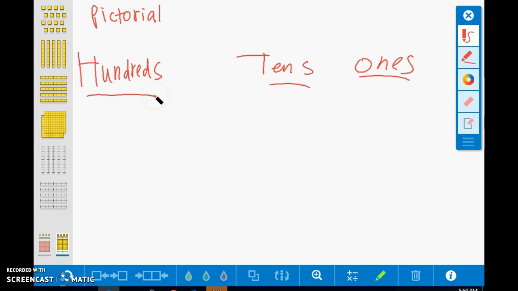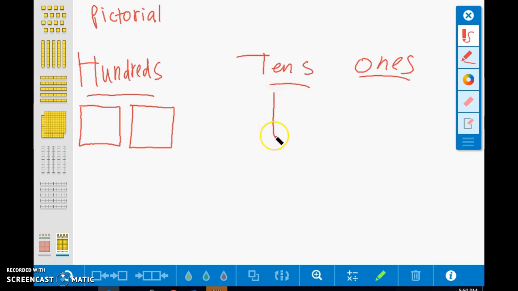Now for the hundreds, I don't expect you guys to write a whole grid with all the little 100 blocks. You can just go ahead and draw 2 big squares. We're going to write our first number, which was 217, just like we did in the concrete part. So we're going to do 2 squares to show the number 200.